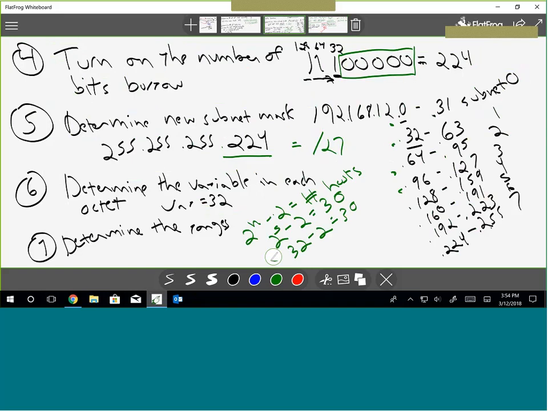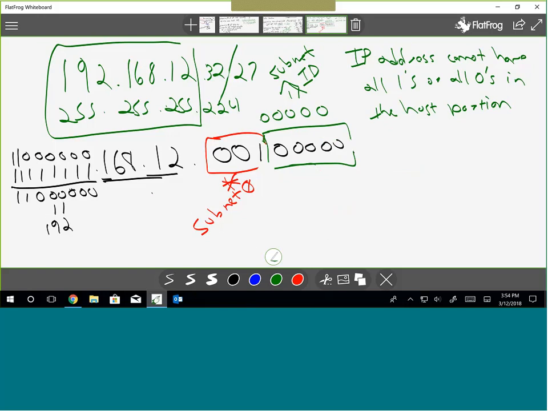So let's go back over here. If this was 63, the IP address becomes the following. All the host bits are what? Ones. Broadcast.